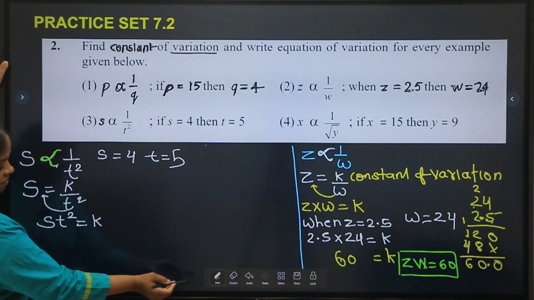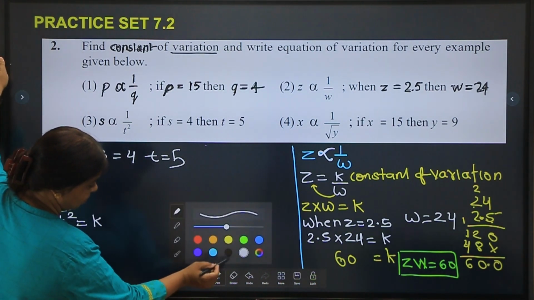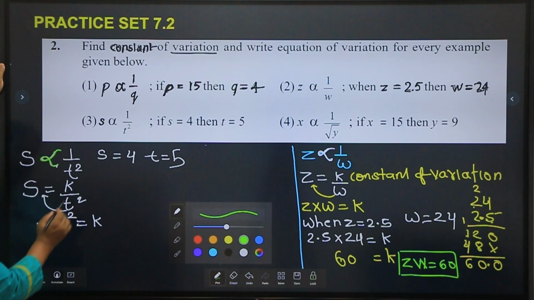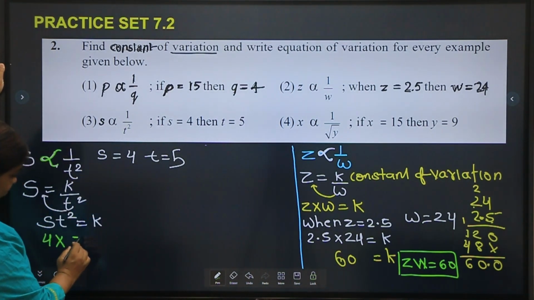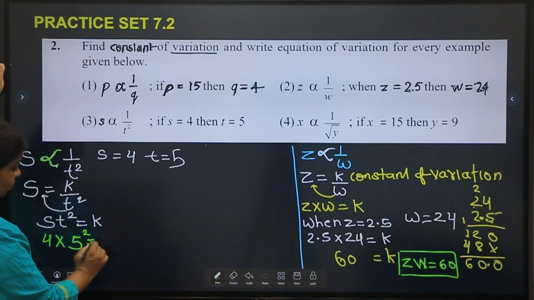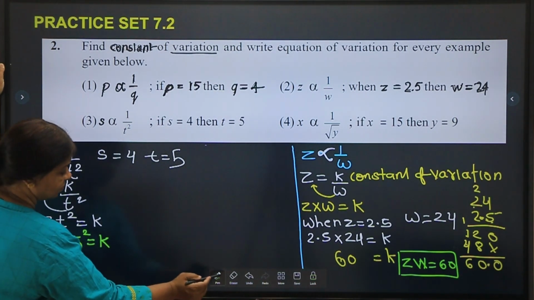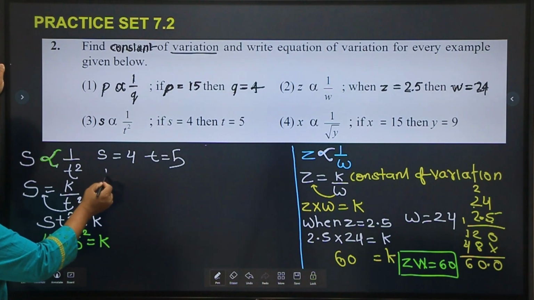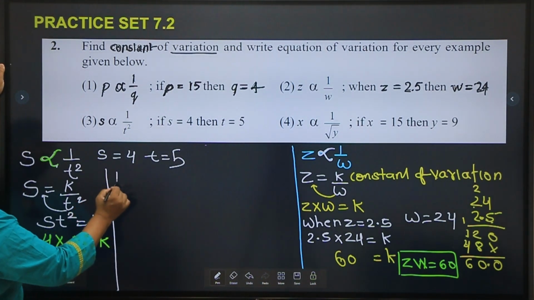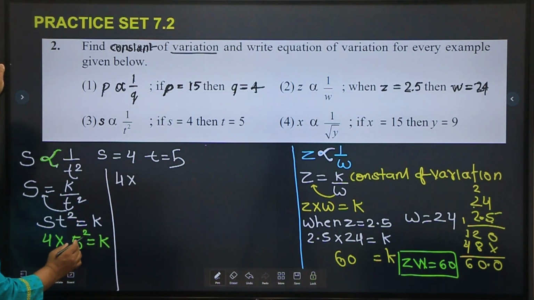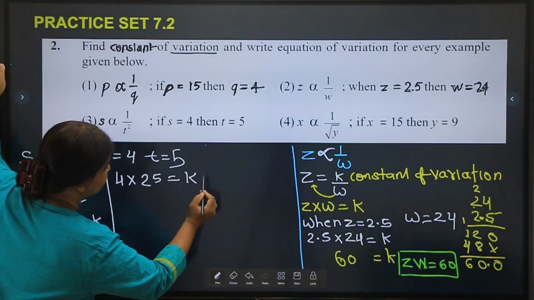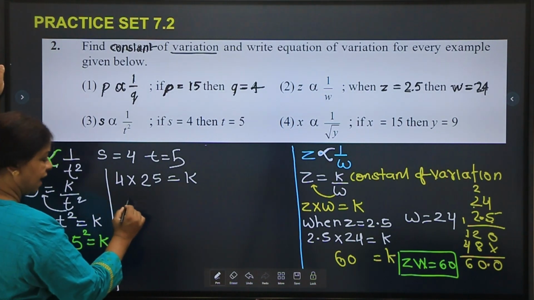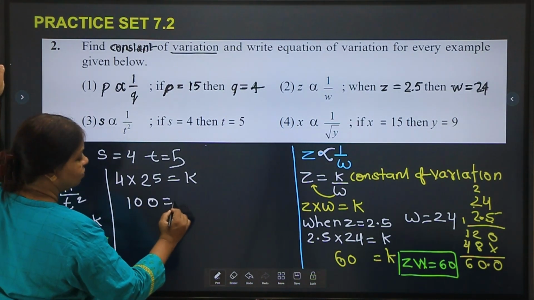Now let us place the value. S is how much? 4 into t is how much? 5 square is equal to k. So 4 into 5 square means 25, which is equal to k. 25 4s are 100 is equal to k.